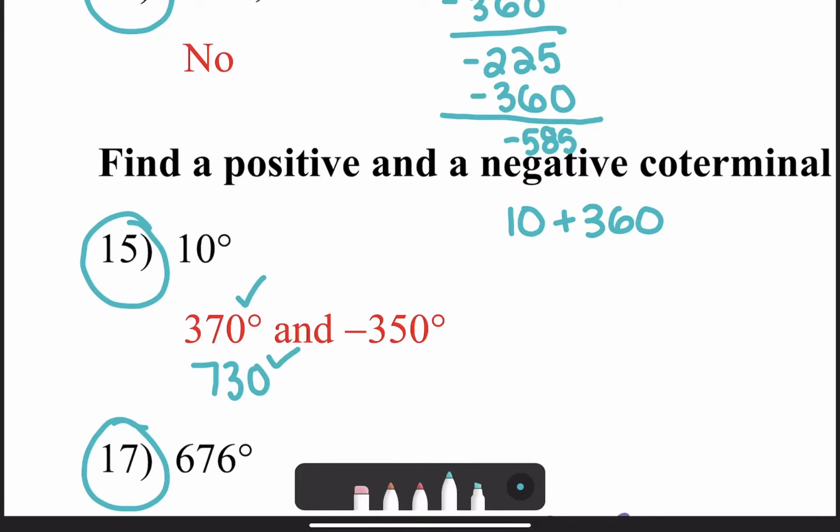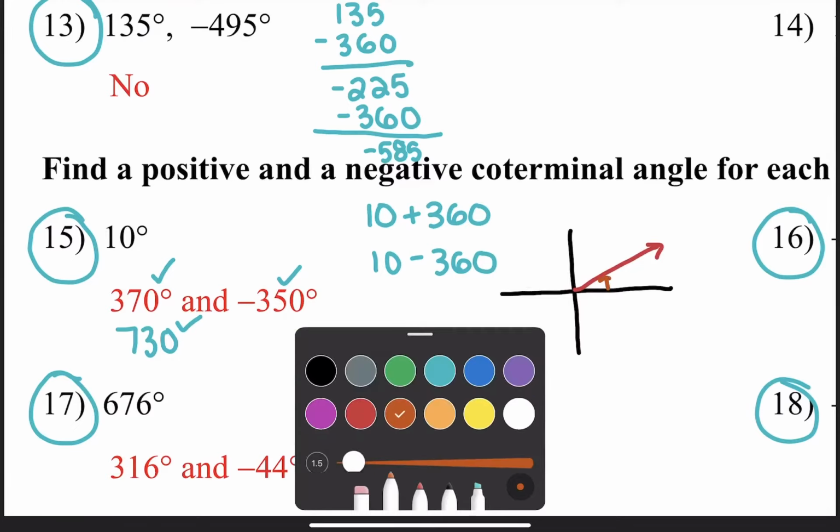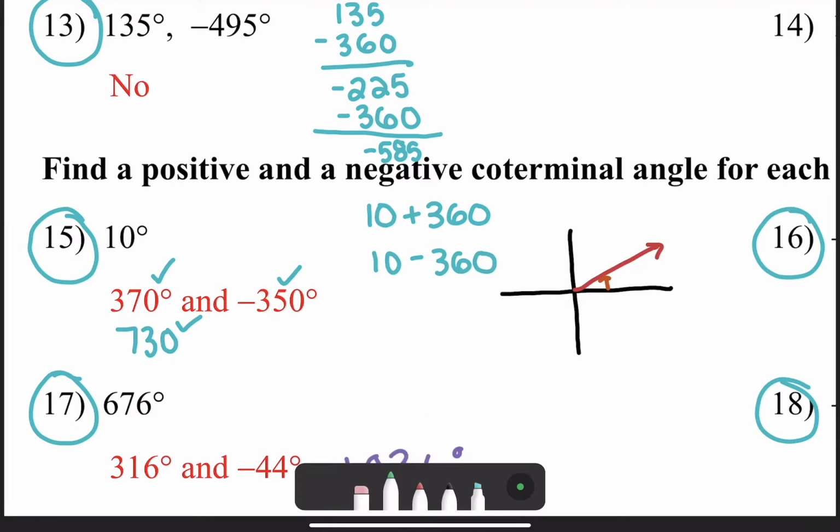On the other hand, I can take 10 and subtract 360, and then I'm at negative 350, so that's an option. So all you're basically doing is saying you're at some angle 10, and figuring out what's another way to get there. Well, I could get there by spinning once. I could get there by spinning once and then spinning all the way around again. So then I'm at 370.